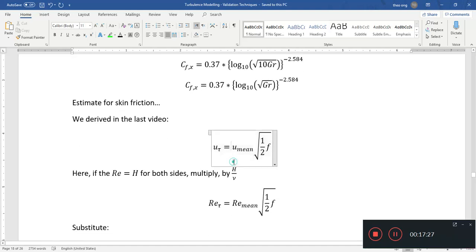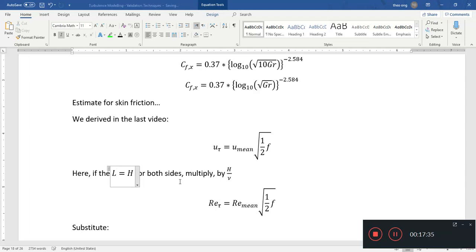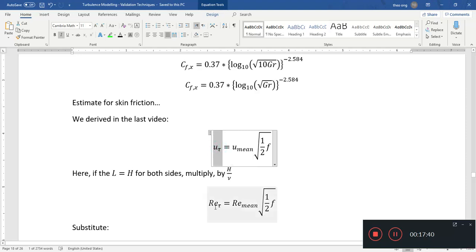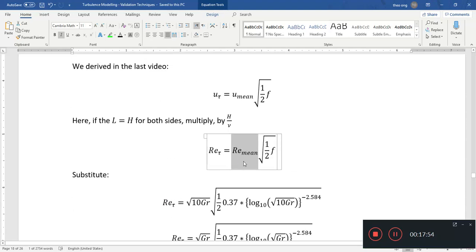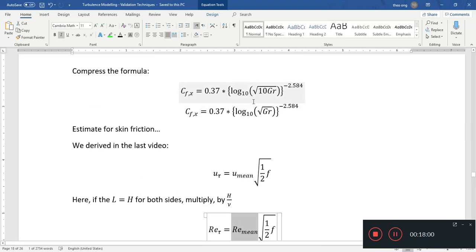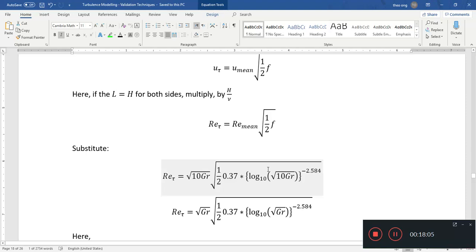If we take the length scale to be h, which is the height of the square cavity, I multiply both sides by h over nu, then we can get it in terms of Reynolds number. And then we substitute to get our friction Reynolds number. Re mean will be either 10 times the Grashof number, the square root of 10 times the Grashof number, or just the square root of the Grashof number, depending on how conservative you want to be.